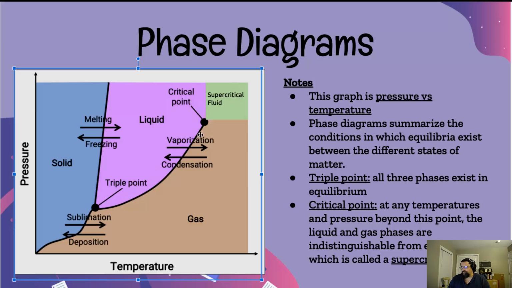So if this temperature were 1,000 degrees, once you hit that 1,000 degrees, no matter what you make the pressure, you can never force it back into a liquid. And so at this point, we become what's called a supercritical fluid, which we can talk about a little bit more later, but these liquids and gases are kind of indistinguishable.